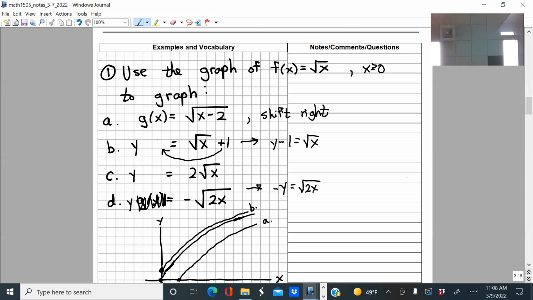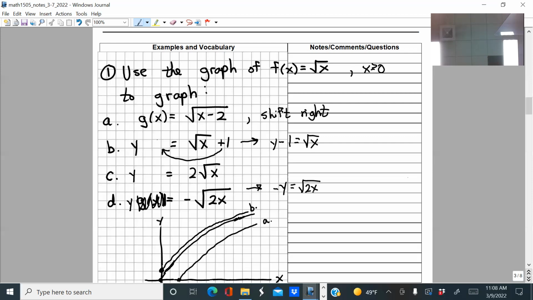So when you apply a minus sign to the y, what does that do? That's a rotation around the x-axis, a vertical rotation.